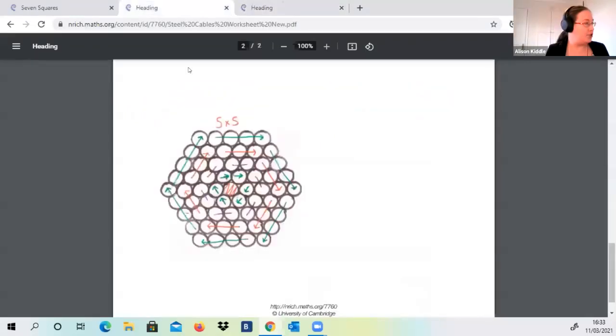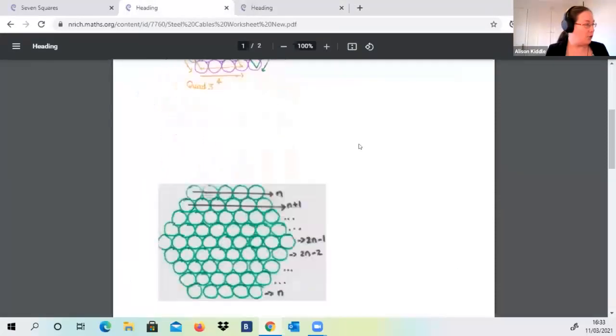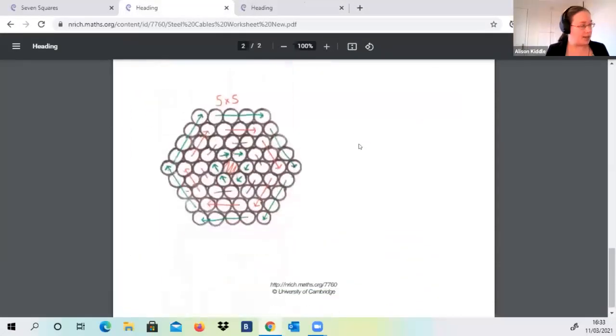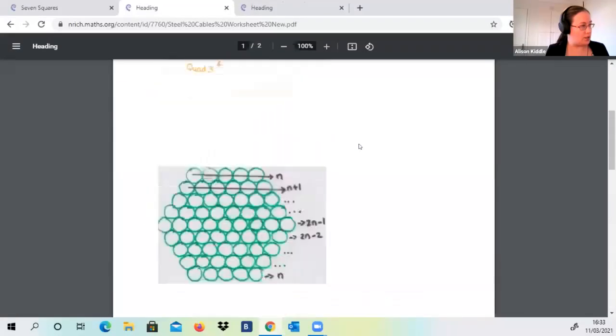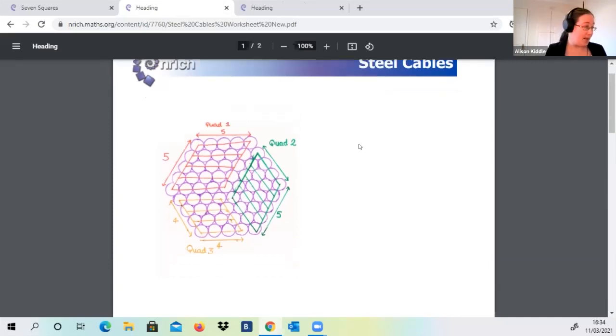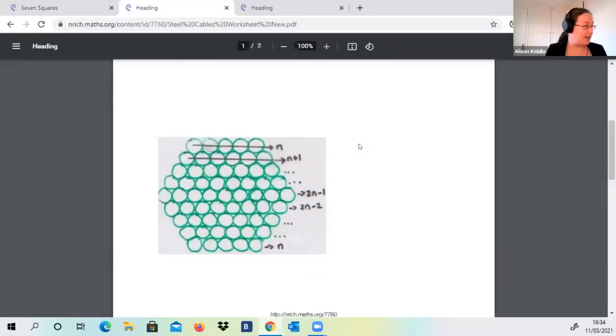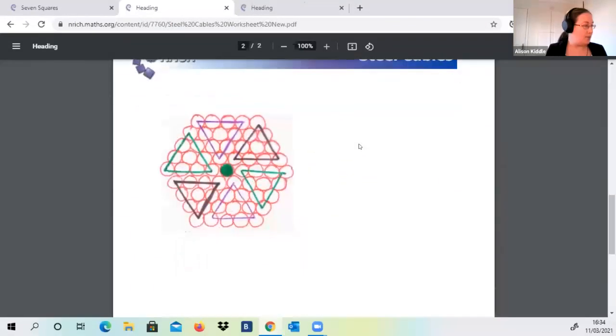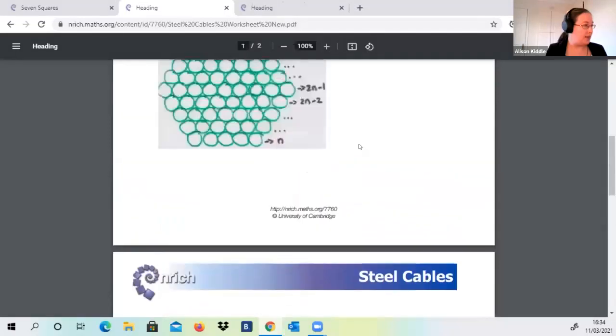But the methods sheet has 4 different methods on it, and these were actually taken from a group of students. I think it was a group of students we worked with about 10 years ago now, and we worked on this problem, and they did such beautiful diagrams to show how they were counting up the patterns that we scanned them and turned them into this worksheet so that other people could see these different methods.